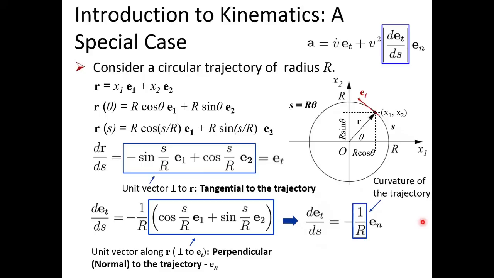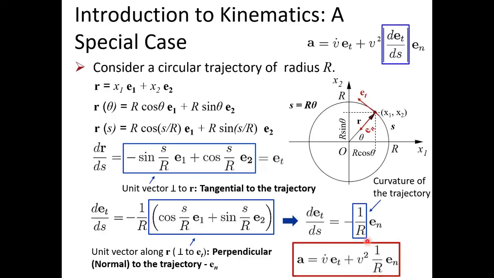R is the radius of curvature, and 1 upon r is called the curvature of the trajectory. And if you define the direction radially inwards, then we will get acceleration equals v dot Et plus v squared over r En.